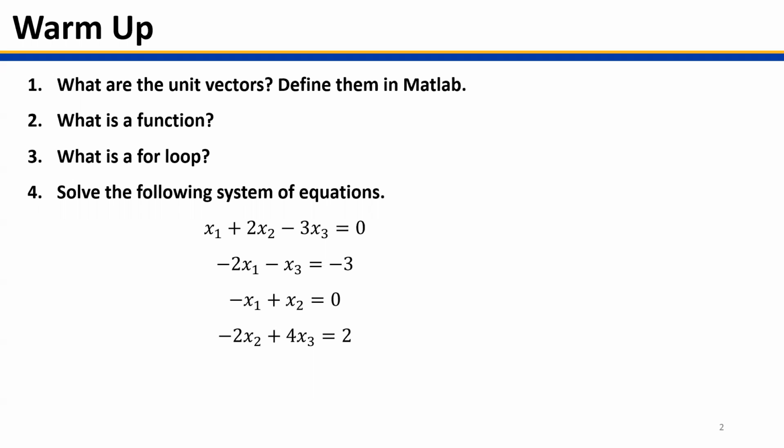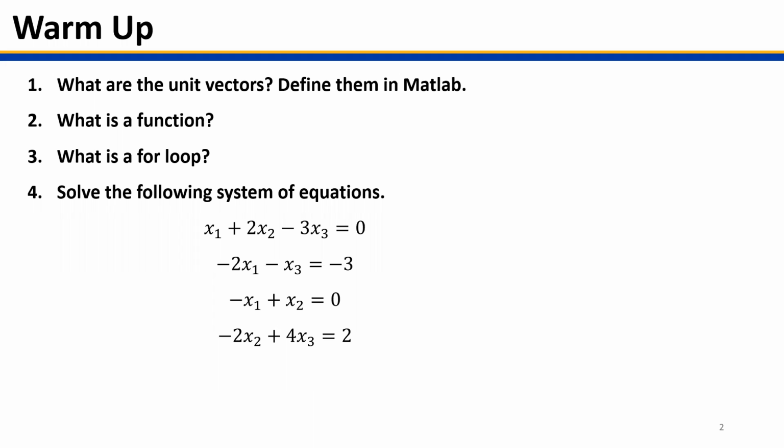Okay. So what is I hat? Which direction is I hat pointing? X direction, horizontal. J hat is pointing in the Y direction, and then K hat horizontally in the Z direction, right? So the unit vectors are the basis for defining our Cartesian coordinate system.